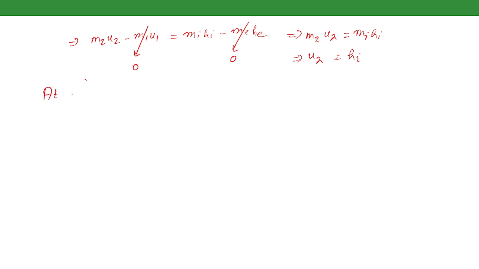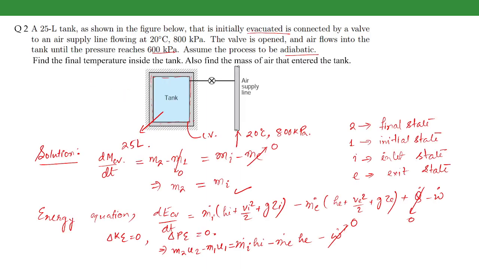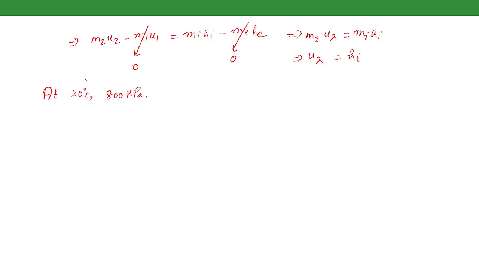Okay, so at 20 degrees Celsius and 800 kPa, which corresponds to the supply line, the enthalpy for dry air, that is the air that is flowing through the pipeline, is 293.65 kilojoule per kg.